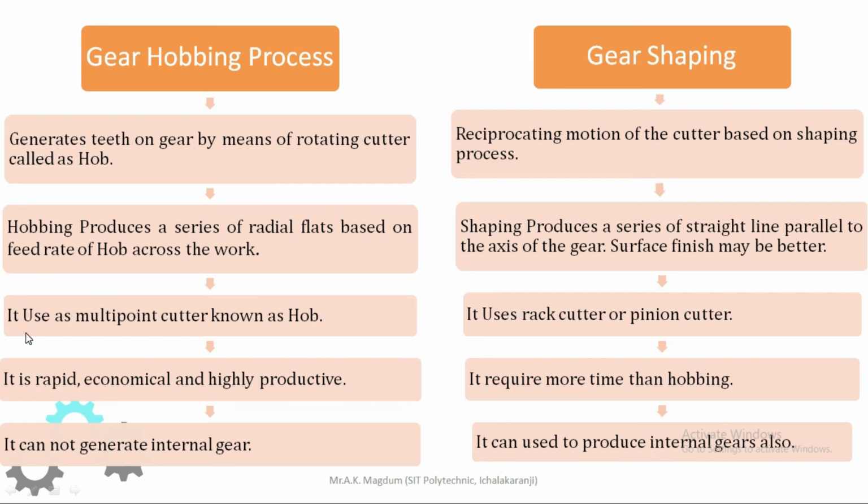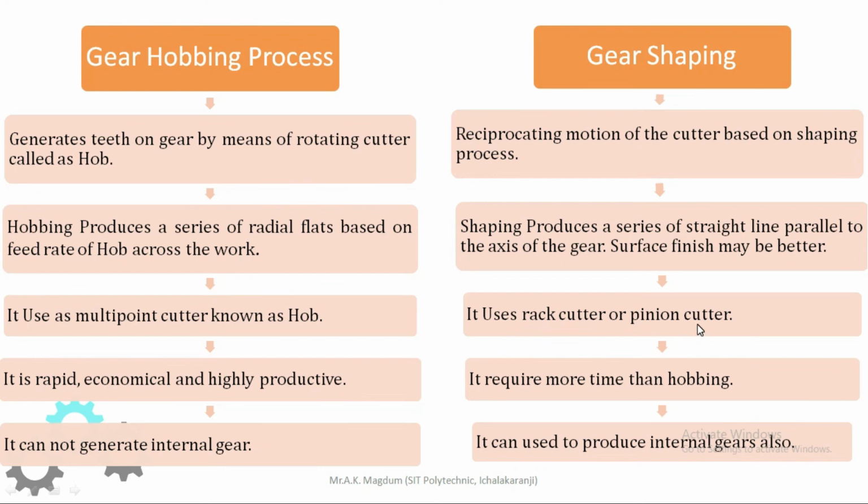Next, hobbing uses a multi-point cutter known as a hob. Why is it called hobbing? Because in this operation we are using the multi-point cutter, that is nothing but a hob, and the gear shaping process uses a rack cutter or pinion cutter.